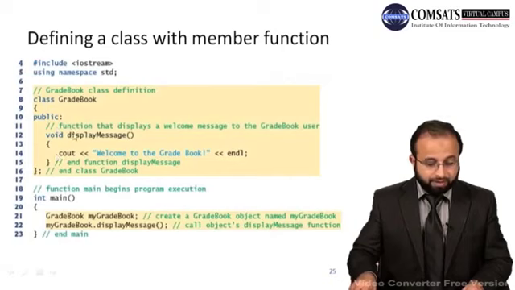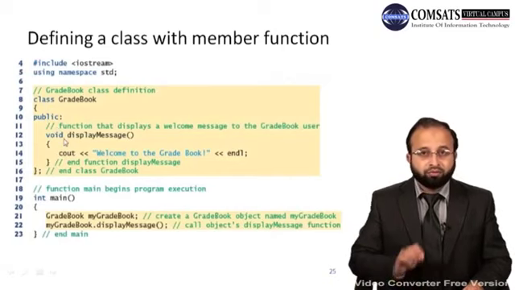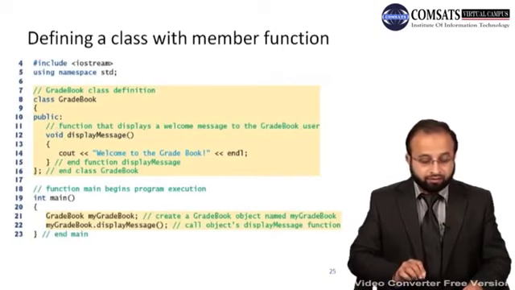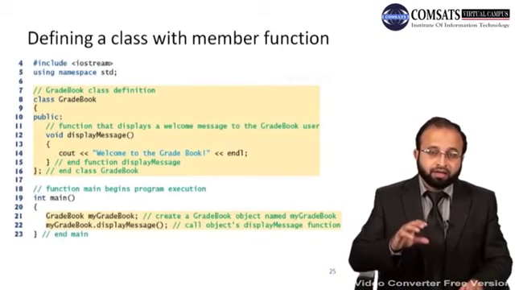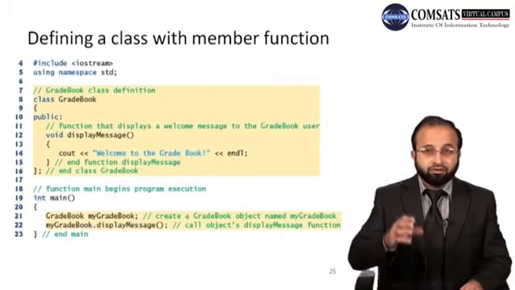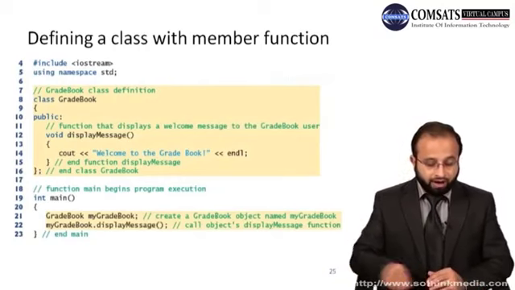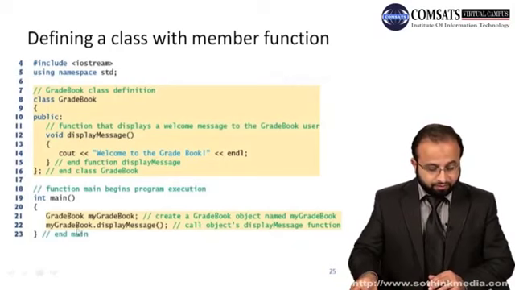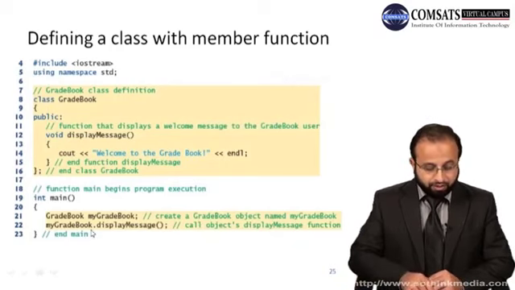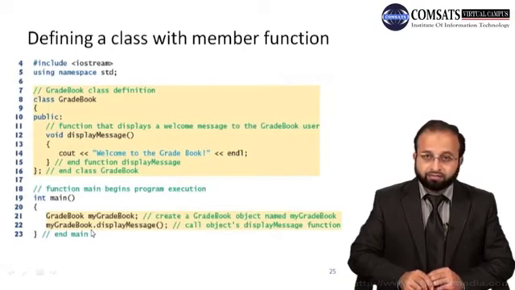So everything that is public is accessible using the object of that class. That means everything that is public is accessible outside the class but using the object. Now why do we have to use the object here? Is it not possible to call the displayMessage function without an object?